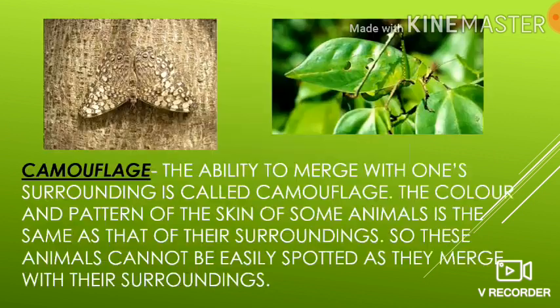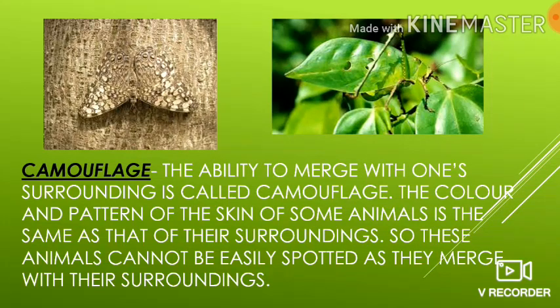And next is camouflage. The ability to merge with one's surroundings is called camouflage. The color and pattern of the skin of some animals is the same as that of their surroundings. So these animals cannot be easily spotted as they merge with their surroundings.